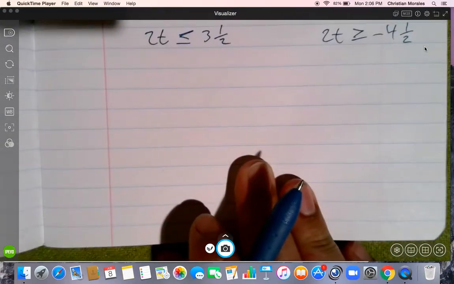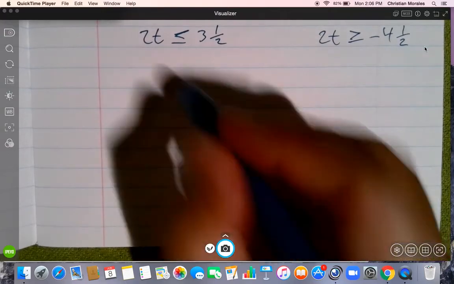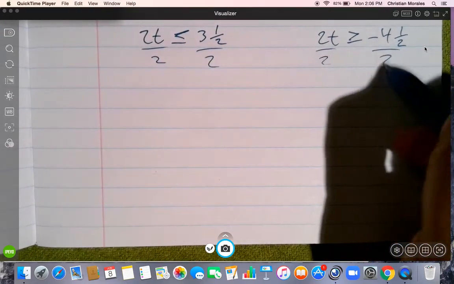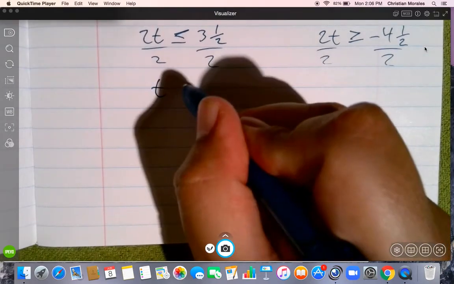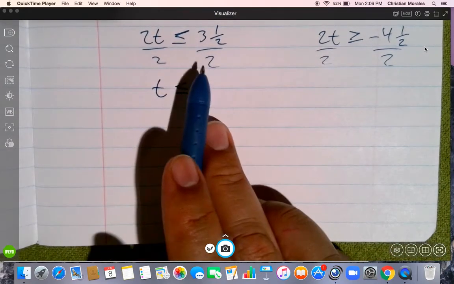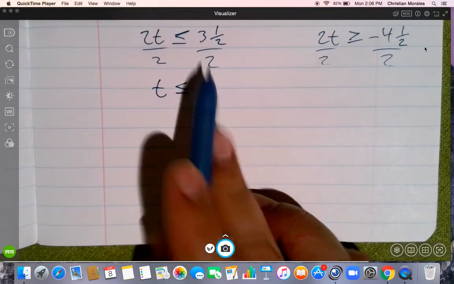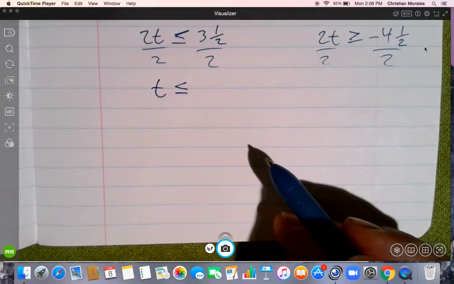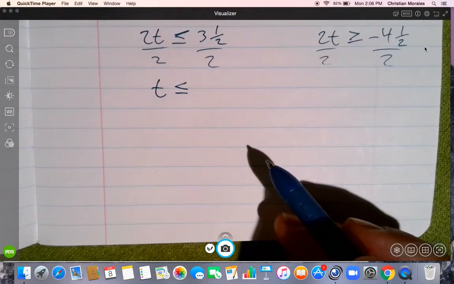Okay. Next, we're going to divide by 2. So in this case, you're going to get, let's see, if you divide that by a half, you should probably use a calculator for this.